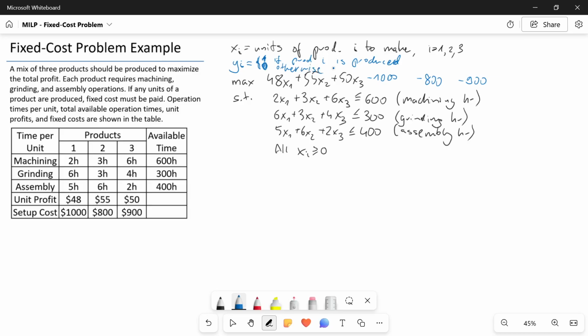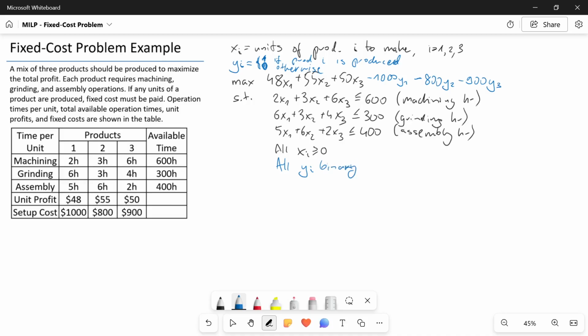So with this binary variable, I can just put minus 1000 times y1, minus 800 times y2, minus 900 times y3, and then I could say all yi binary.